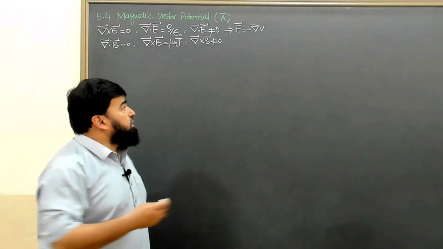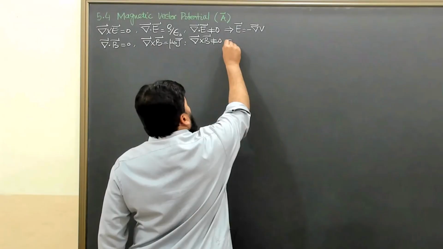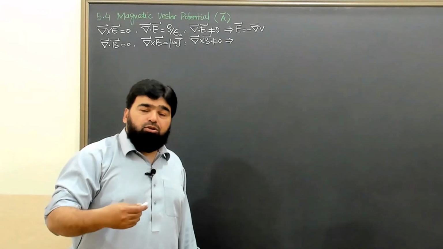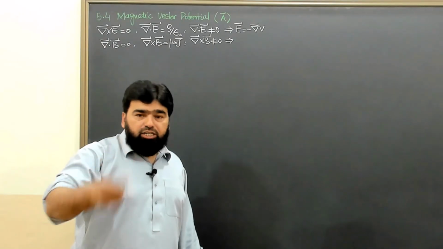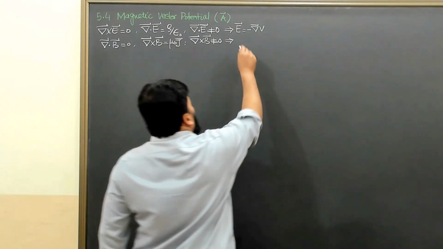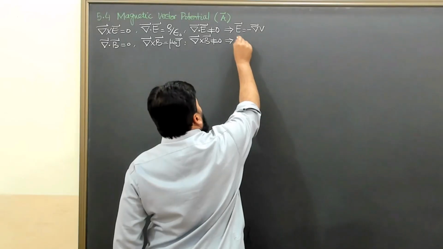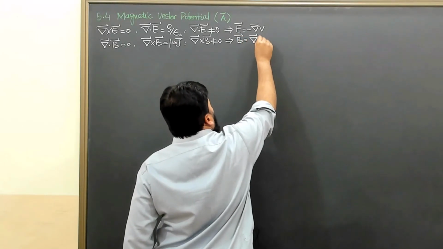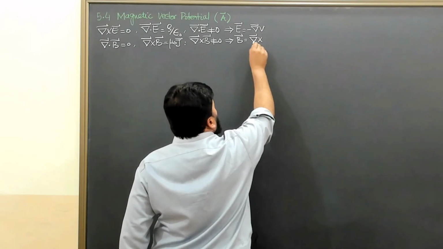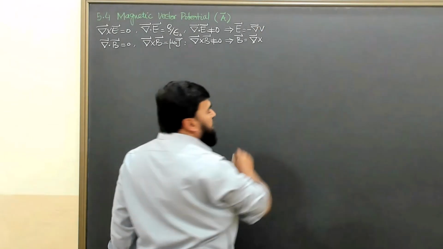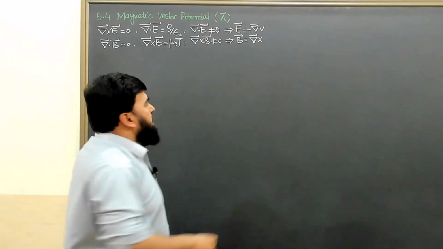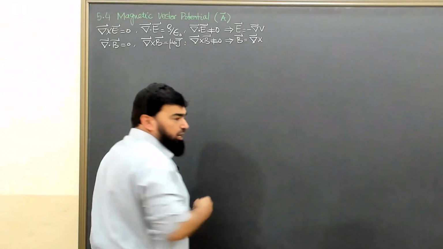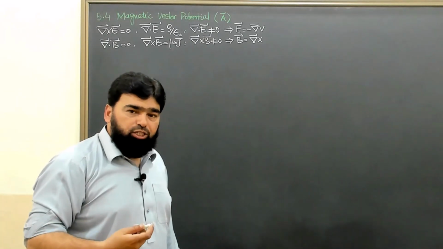So it is compelling us that the magnetic field is the result of something which is curling itself. So I can write that B is the curl of a potential. Here it was a gradient of a potential; here it is the curl of something, and that something I call the potential.